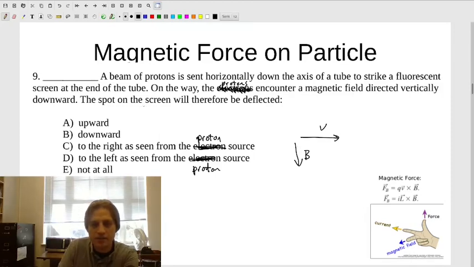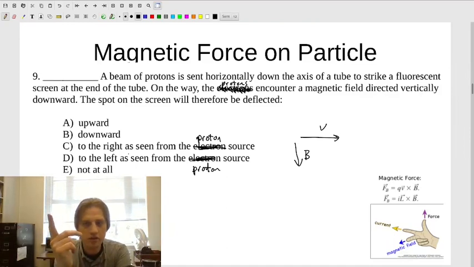And then it says the spot on the screen will therefore be directed upward, downward, to the right as seen from the proton source, to the left as seen from the proton source, or not at all. Okay, so I want you to practice now using your right-hand rule. Your index finger is in the direction of the current, your middle finger is in the direction of the magnetic field, and your thumb is in the direction of the force.